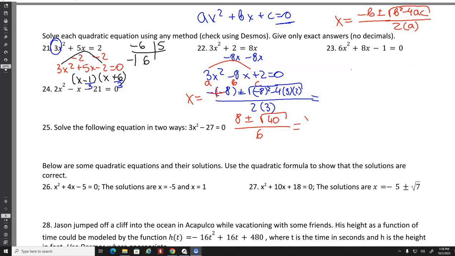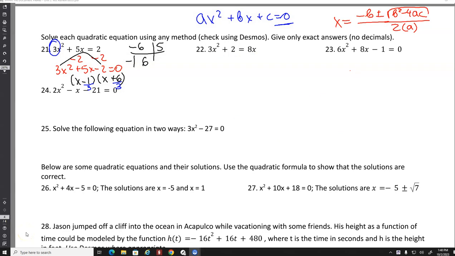So this is 8 plus or minus 2 root 10 over 6. Now, I'm not done yet because I have an 8, a 2, and a 6, and I can divide all of these by the same number, which is 2. So that's 4, that's 1, that's 3. So my final answer is 4 plus or minus root 10 over 3.